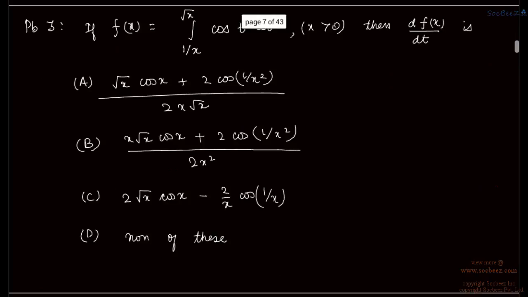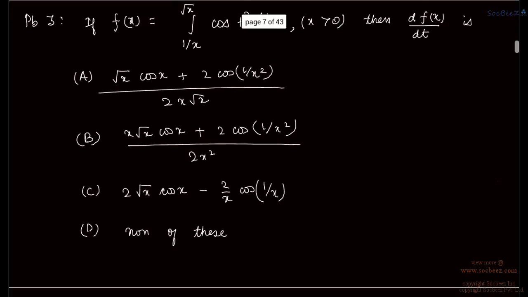Now problem number 3. If f(x) is equal to the integral from 1 upon x to root x of cos t square dt, where x is greater than 0, then what is df(x) upon dx?